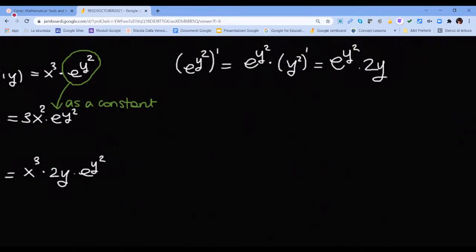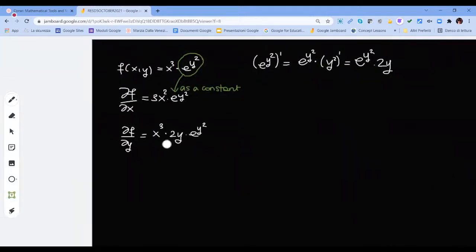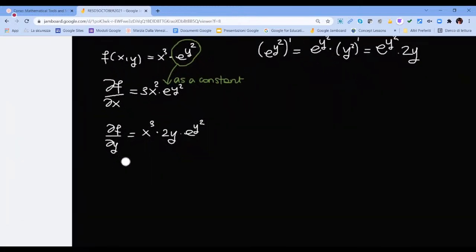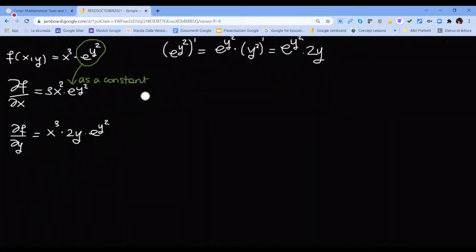Now we will compute the second partial derivatives. So, what are the second partial derivatives?